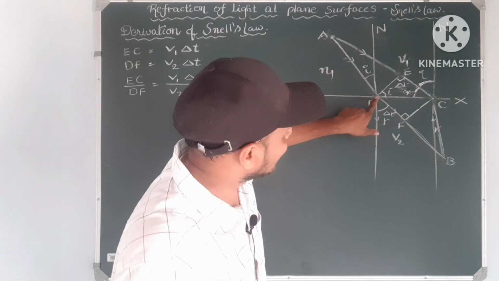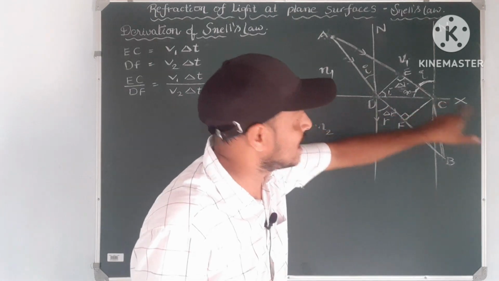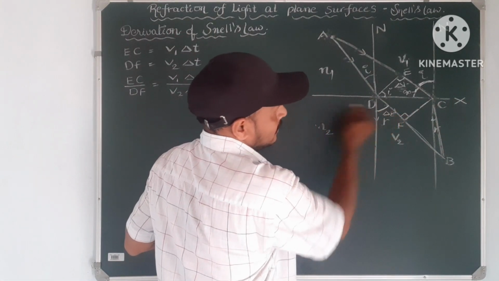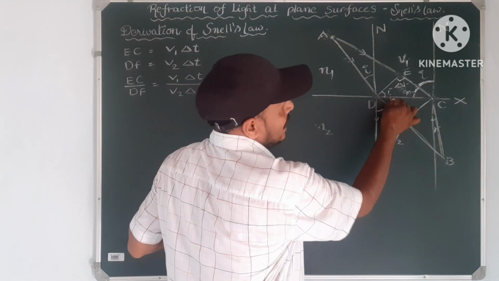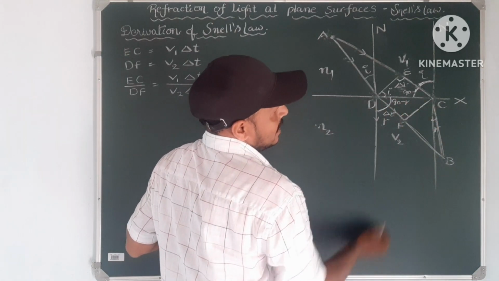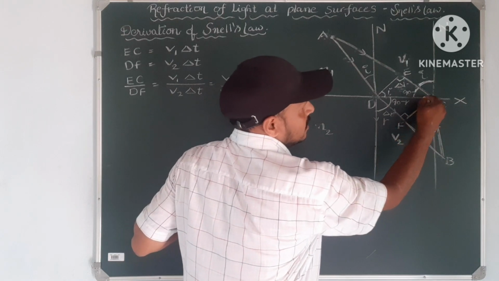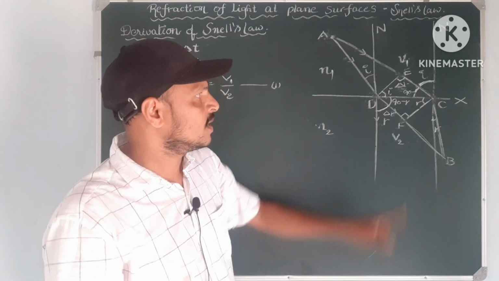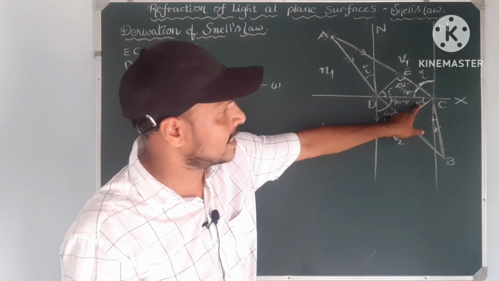Now in triangle DFC, this is the angle R and this is 90 minus R. This is 90 degrees, so this angle will be R. So this angle is I and this angle is R.